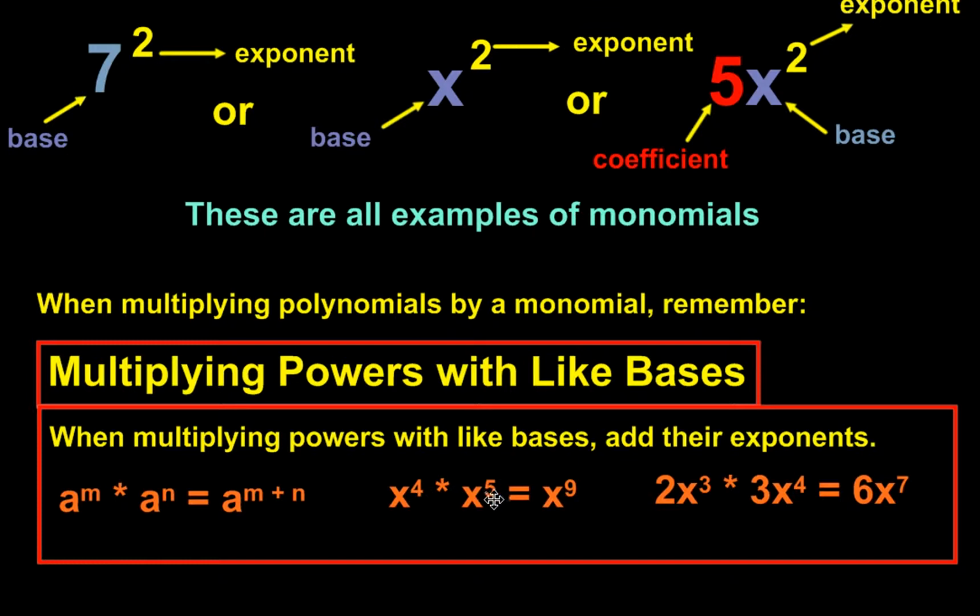We're going to get x to the 4 plus 5, or x to the 9th. And lastly, if we have coefficients attached to the bases, then we're going to keep the x's and add the exponents just like we did before, and we're going to multiply the coefficients. So we have 2 times 3 giving us 6, and 3 plus 4 giving us an exponent of 7.